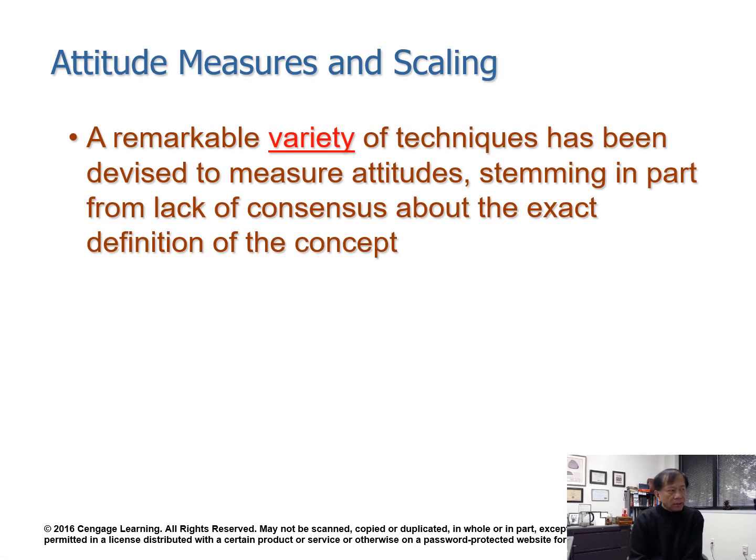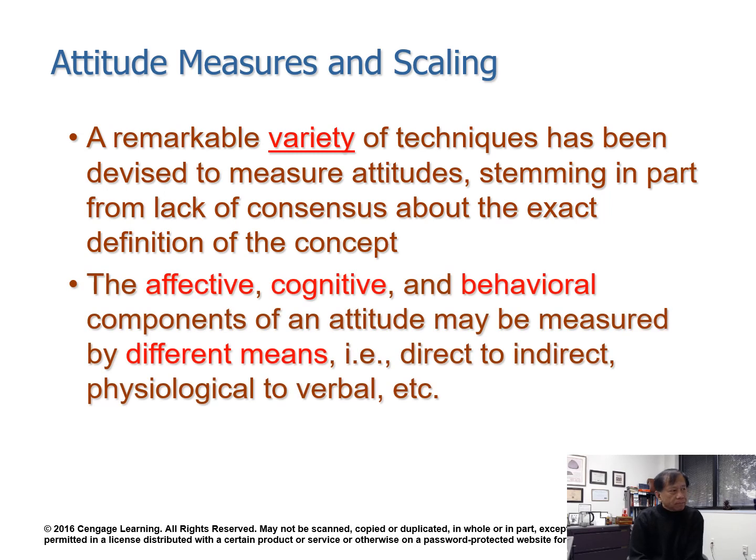Attitude measures and scaling. A remarkable variety of techniques has been devised to measure attitudes, stemming in part from a lack of consensus about the exact definition of the concept. The affective, cognitive, and behavioral components of attitudes may be measured by different means, direct or indirect, from physiological to verbal.